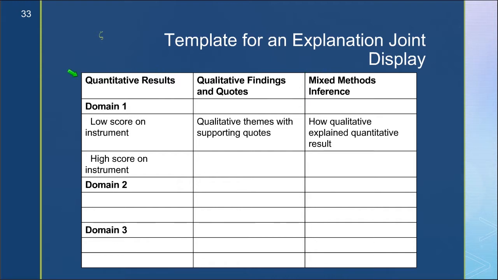So this looks very similar to the side-by-side joint display that we talked about earlier. So I won't explain this in much more detail, but as far as what you could have in these columns, it could be results of analysis, perhaps significance values, things like scores on an instrument.